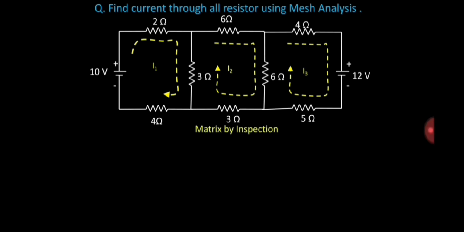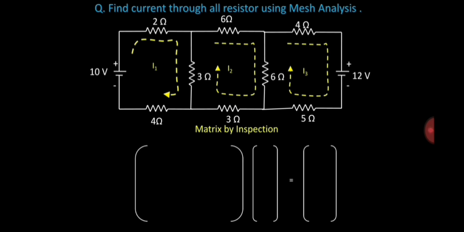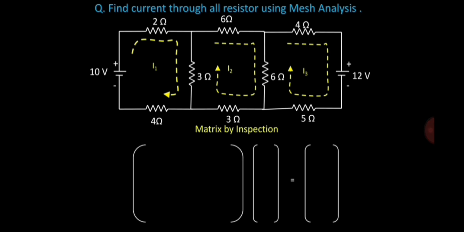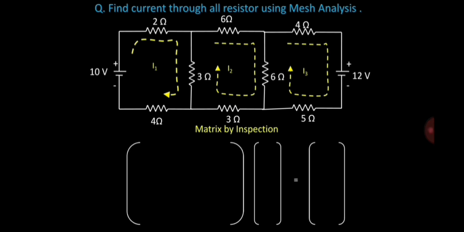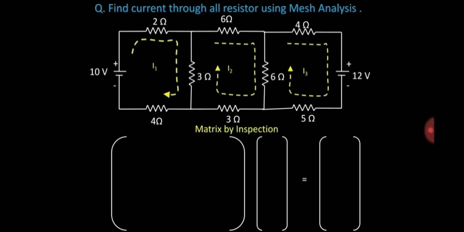So by matrix inspection, we are going to form a 3 by 3 matrix, so thereby we are going to label them into 3 columns and 3 rows, then form a matrix. Then we solve that matrix by using Cramer's rule.